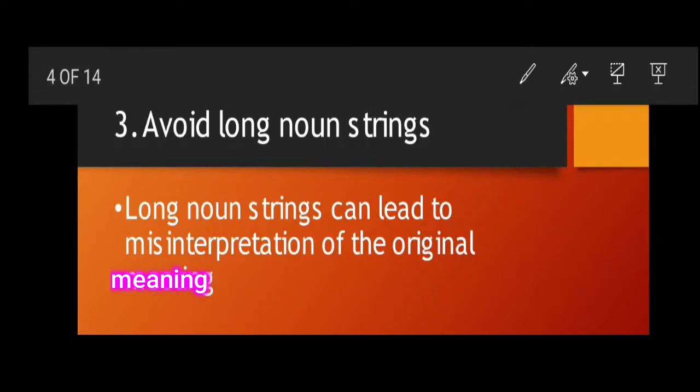When connecting elements are omitted from noun strings, readers must infer the relationship between the words. If you have to read a sentence several times to understand it, chances are that there will be further complications when it's translated into another language. When this happens, we tend to see misinterpretation of the original meaning or a translation that appears too literal.